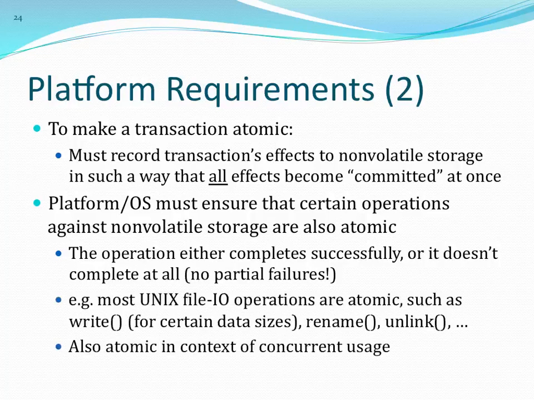And again, if you look at Unix file I/O operations, you'll notice that there's certain things where it says, this is atomic. Renaming a file is atomic. So for example, I have an old version of a file and I have a new version of a file. And I want to rename the new version to be where the old file was. That's a rename. And Unix guarantees that rename will be atomic.